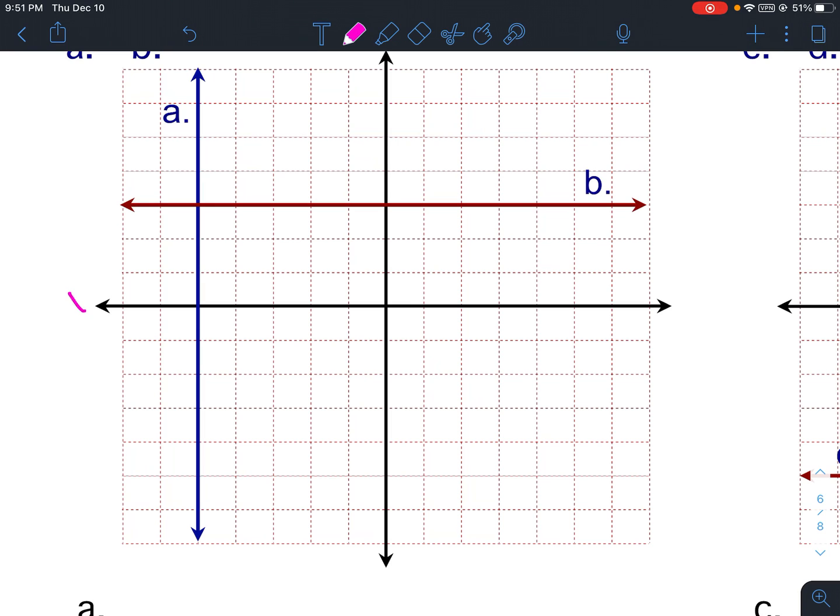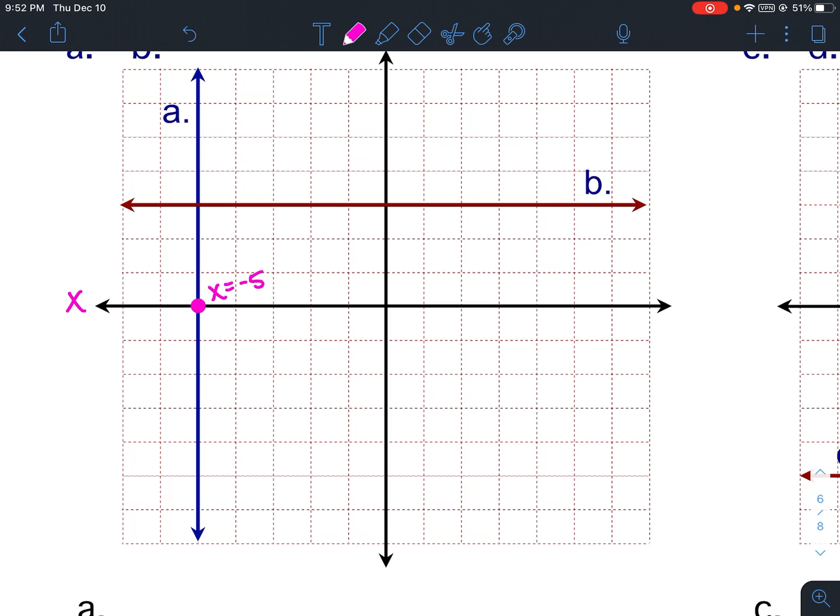It intersects the x-axis, at x equals -5. So this is -1, -2, -3, -4, -5. So this is x equals -5.